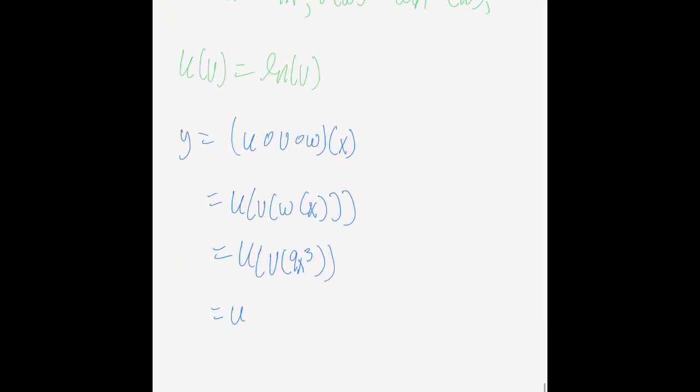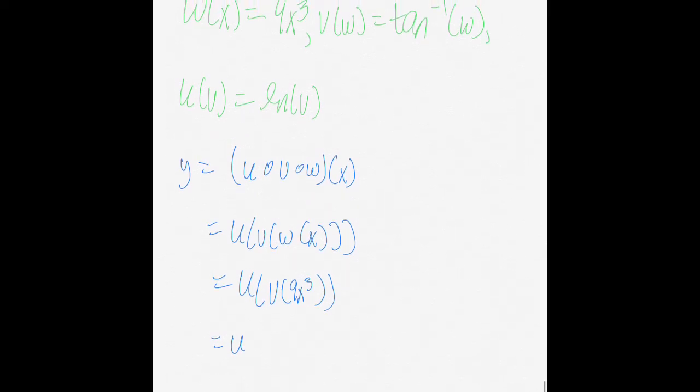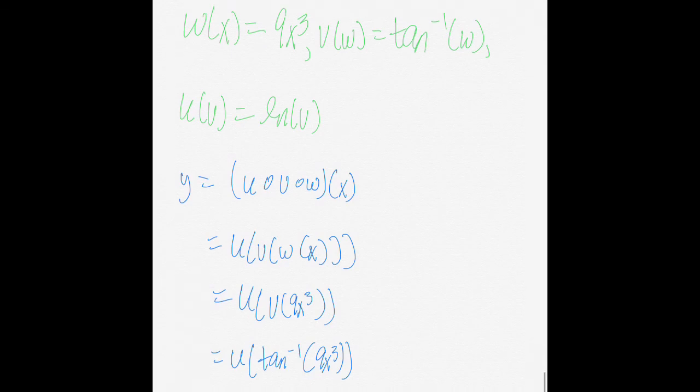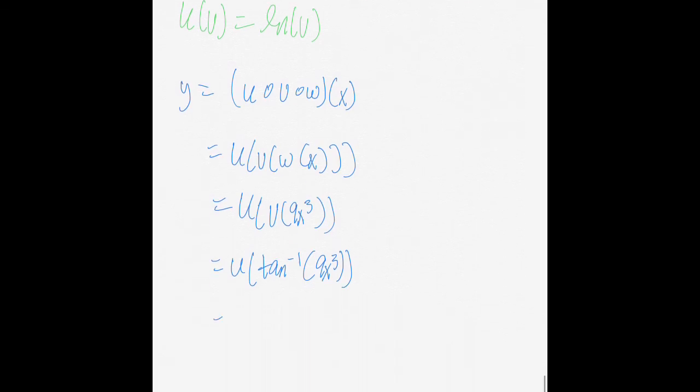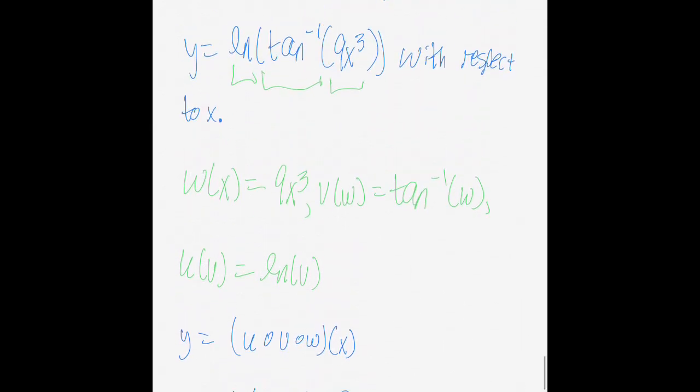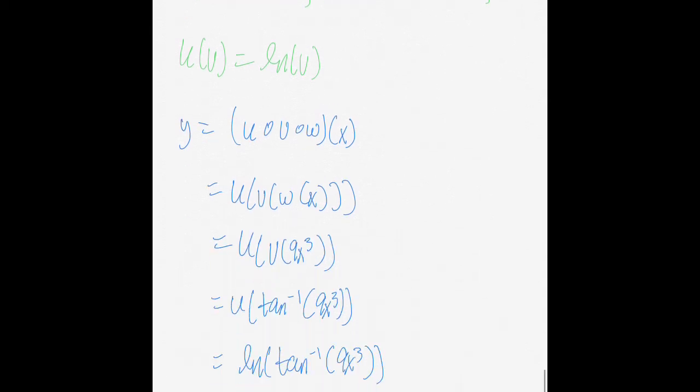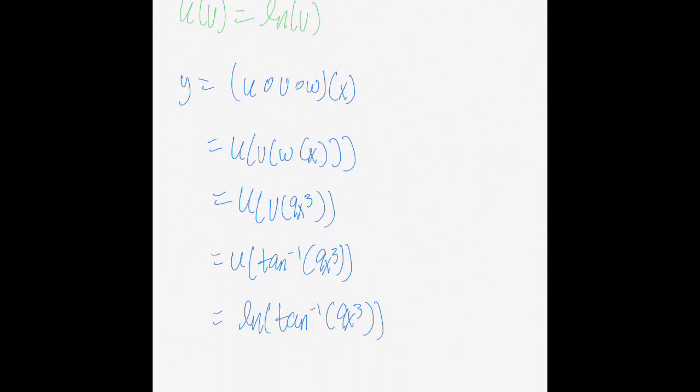See, this is a great thing about math, is we can go back and make sure that our setup is right before we do a bunch of work with it, only to find that it's wrong. Well, v of 9x cubed is tan inverse of 9x cubed. And then u says take whatever's on the inside and natural log that thing. And so this just becomes ln of tan inverse of 9x cubed. And indeed, that is exactly what y is equal to.